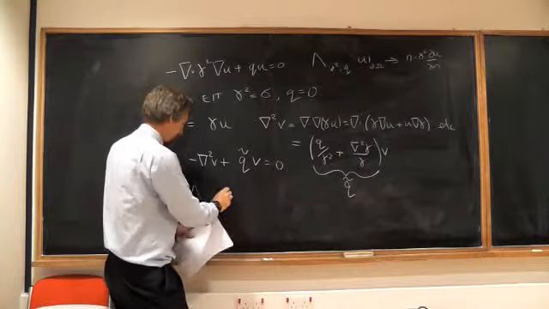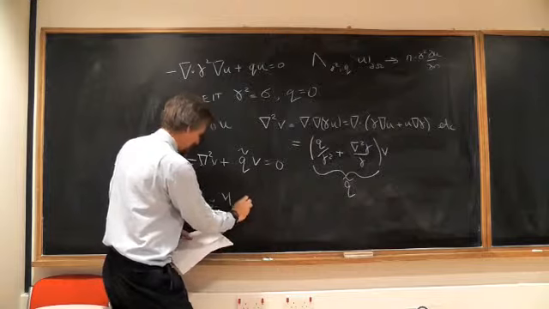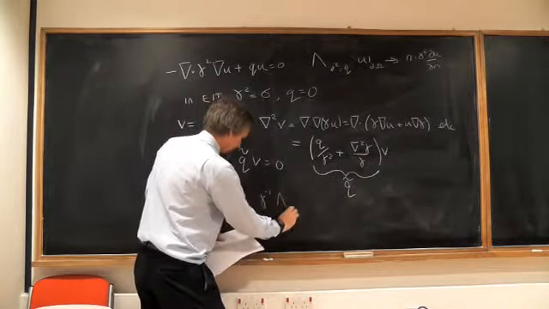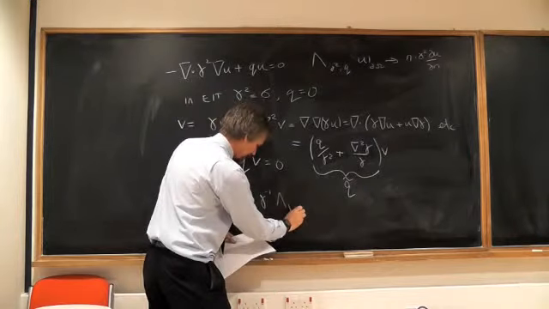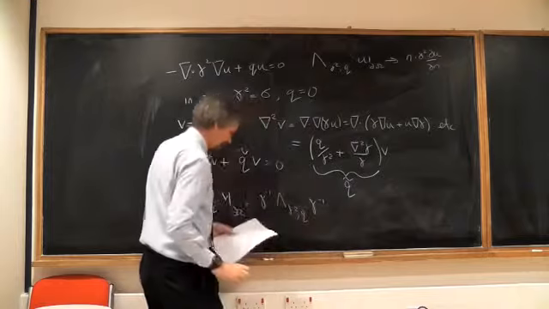Then this applied to some V restricted to the boundary is just gamma inverse. So I may make some small errors, but it's easy to check that.